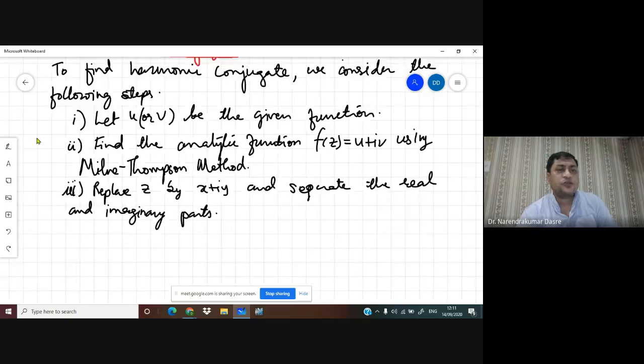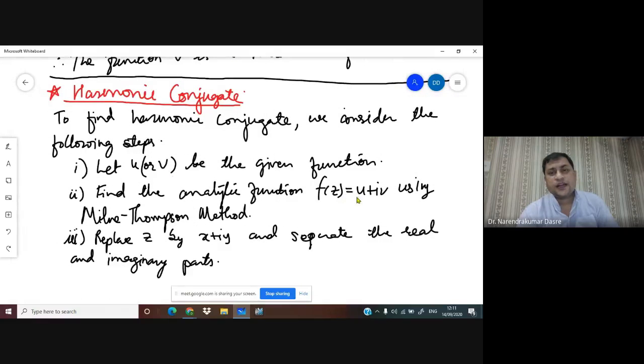This harmonic conjugate has to go through the analytic function, because when it is the real or imaginary part of the analytic function, only then are we able to claim that the other function is a harmonic conjugate. Without knowing the function to be analytic, we cannot claim that we got the harmonic conjugate, so we have to be careful.